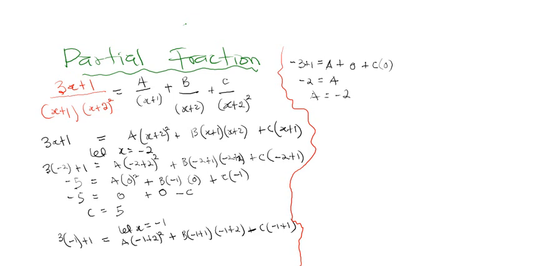Now that we have our c and our a, let x be equal to 0. So if x is equal to 0, we have 3 into bracket 0 plus 1 is equal to a into bracket 0 plus 2 all squared plus b into bracket 0 plus 1, then multiply 0 plus 2, then plus c into bracket 0 plus 1.